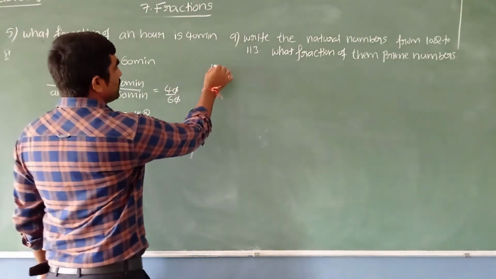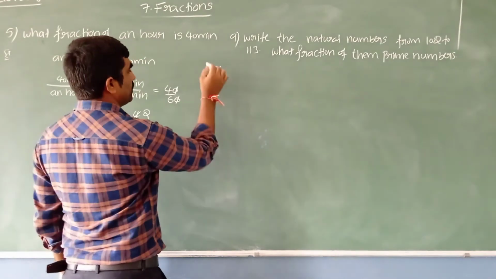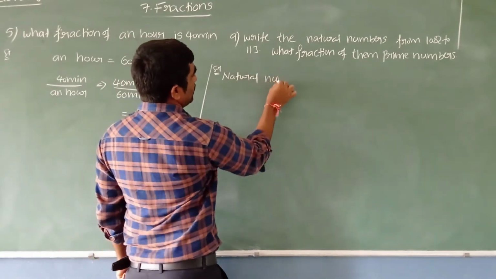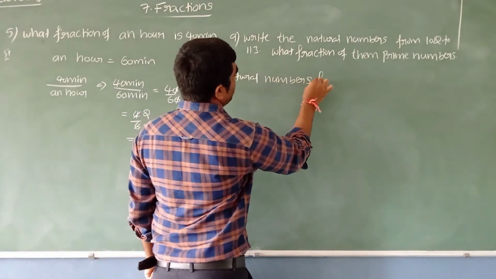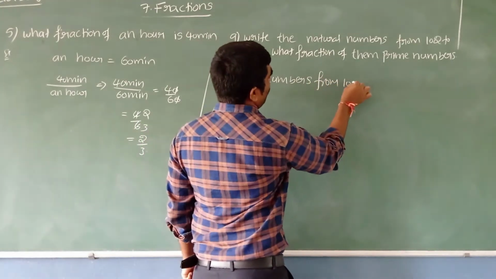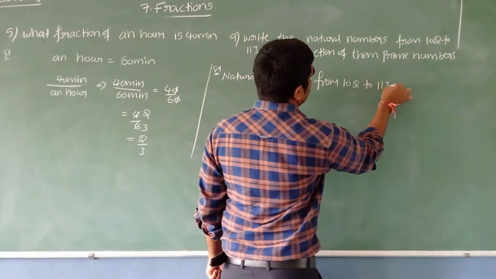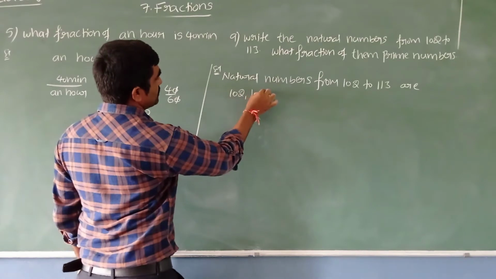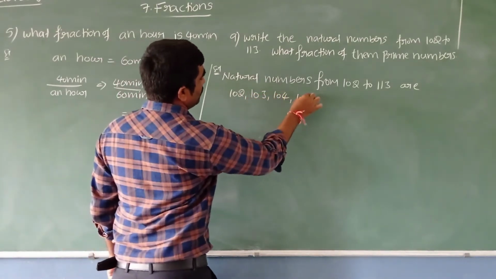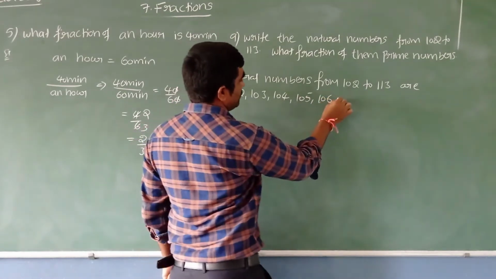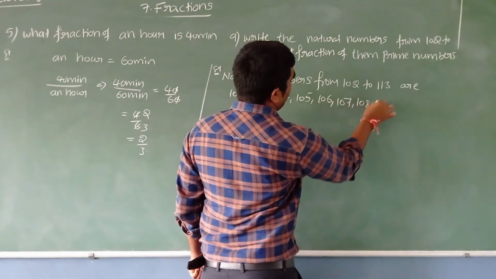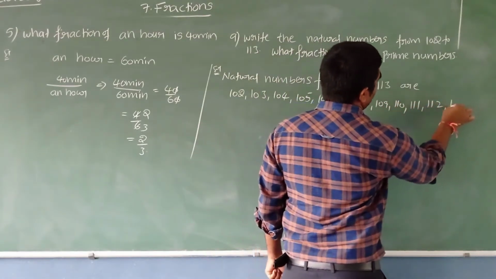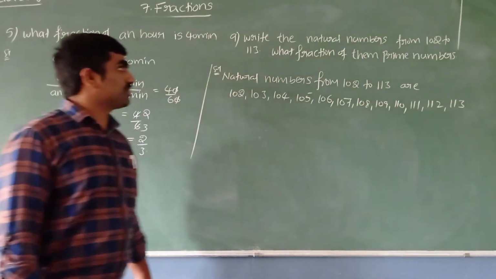First, let us write all the natural numbers from 102 to 113. 102, 103, 104, 105, 106, 107, 108, 109, 110, 111, 112, 113. I wrote all the natural numbers from 102 to 113.